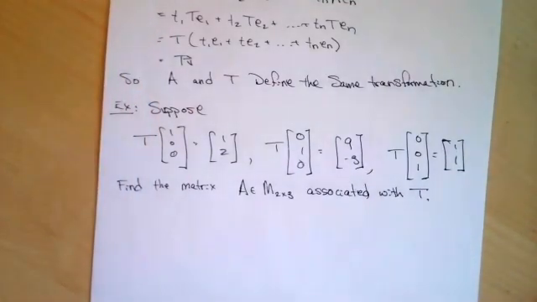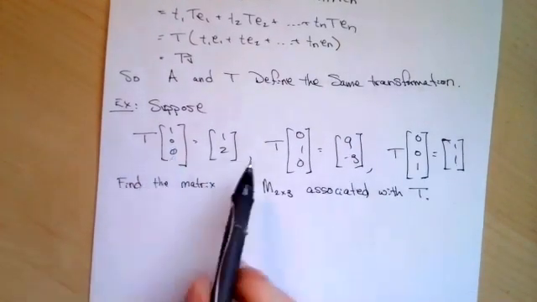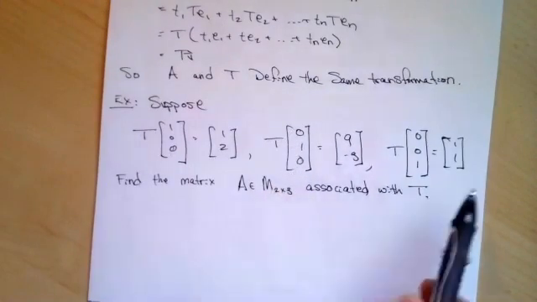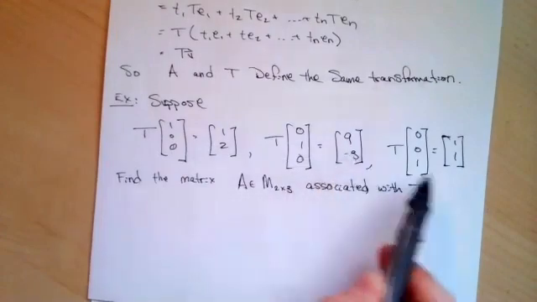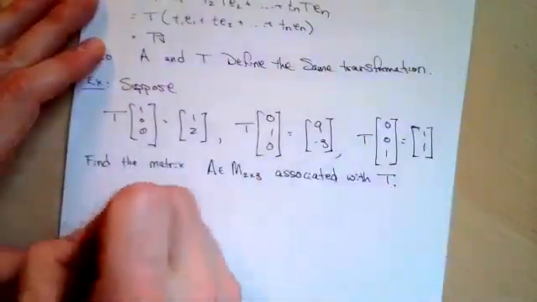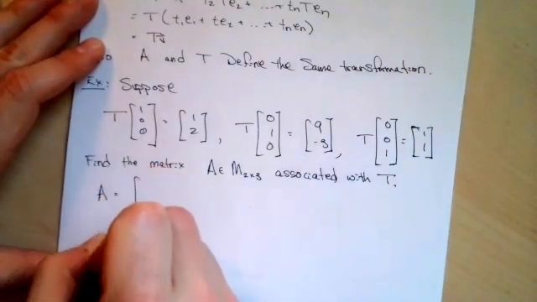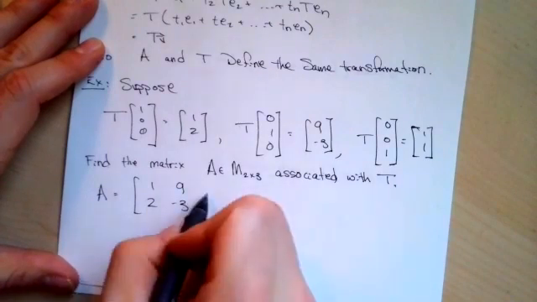And there's not much to these problems. Since we know where (1, 0, 0) goes, we know where (0, 1, 0) goes, and (0, 0, 1) goes, all we have to do is take the images of those vectors and make a matrix out of them. And specifically in that order.